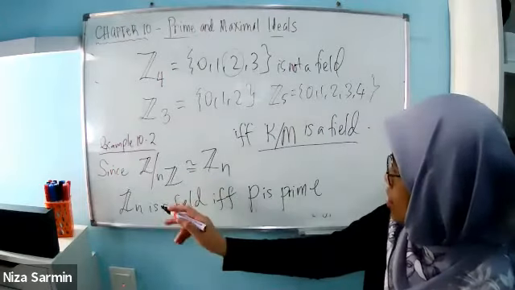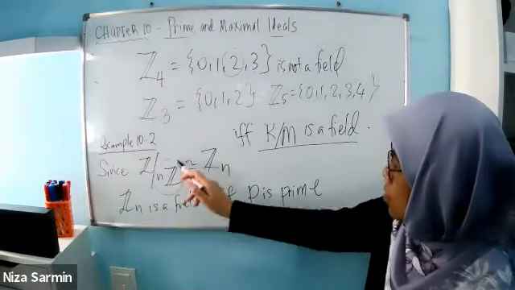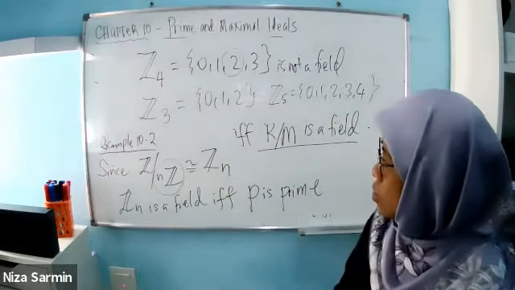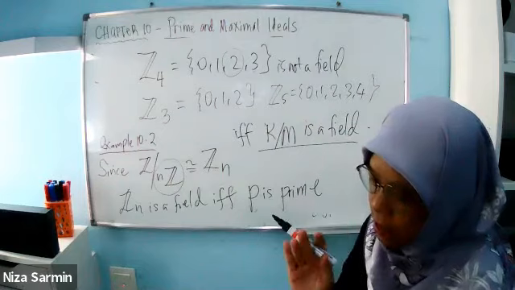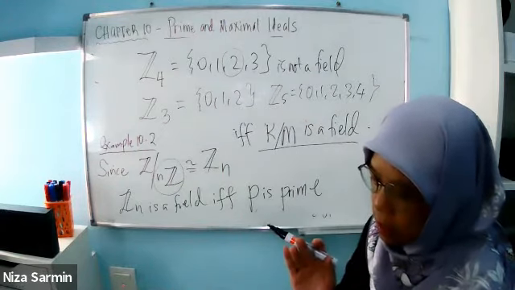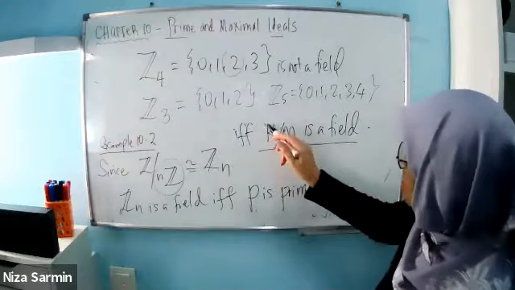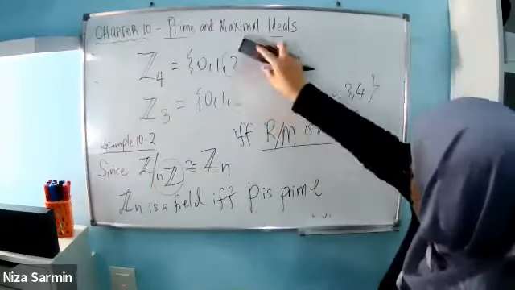So in order to find whether this is maximal or not, that is why I have the ideals, the maximal ideals, right? The maximal ideals for Z, okay, this is the answer.